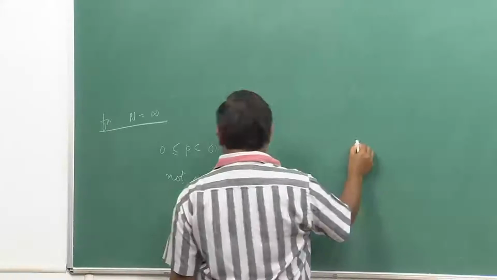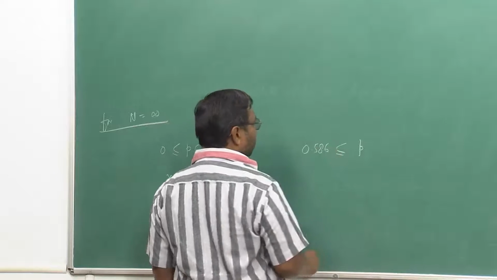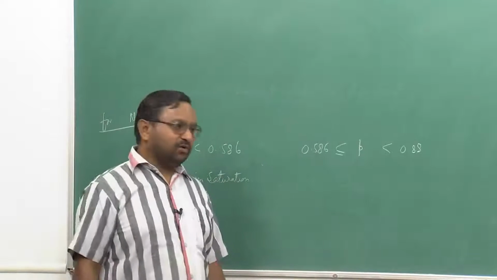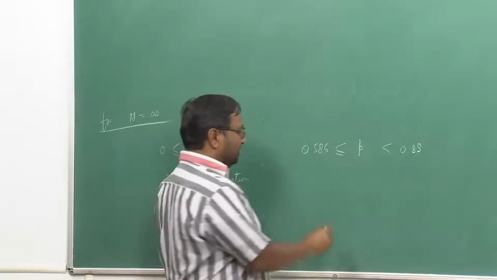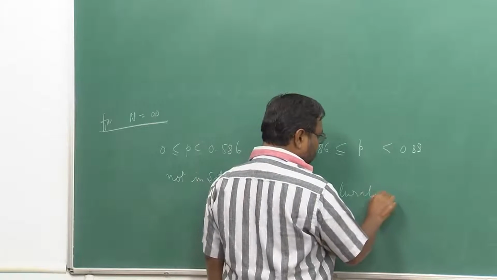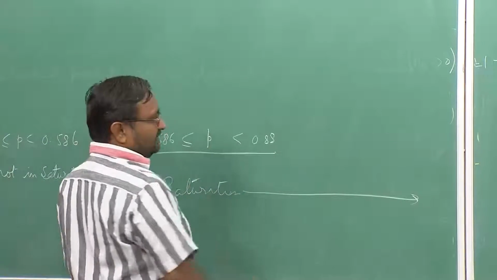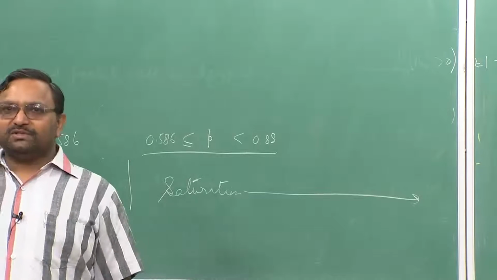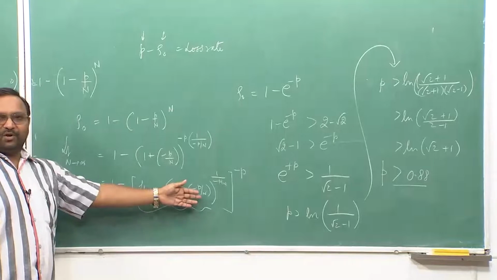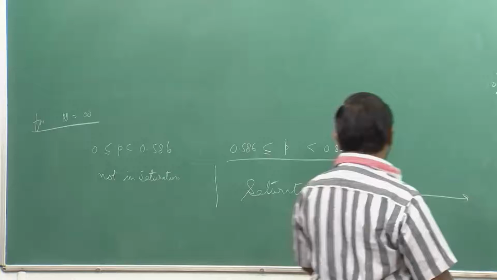After this, if your P is greater than 0.586 but less than 0.88, your switch is operating in saturation, all throughout. But for this domain, dropping the head of the queues does not make sense, because we have figured out throughput will only improve when you are dropping the packets at the head of the queue, only when P becomes greater than 0.88.